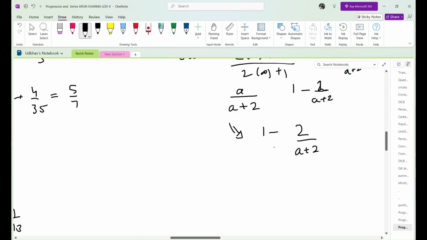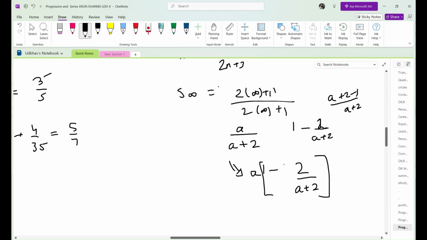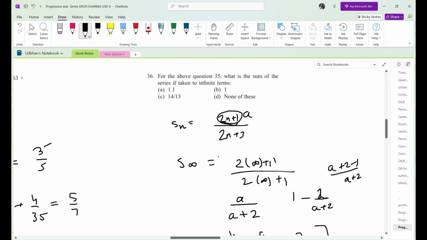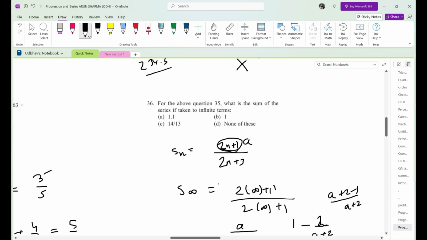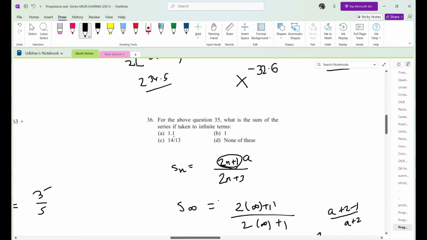because if you solve this a plus 2 minus 2 upon a plus 2, you get that thing again, and this thing is multiplied by a. So if we put a to infinity here, something upon infinity will give us 0. Only 1 is being left. And what is this option? I don't know.